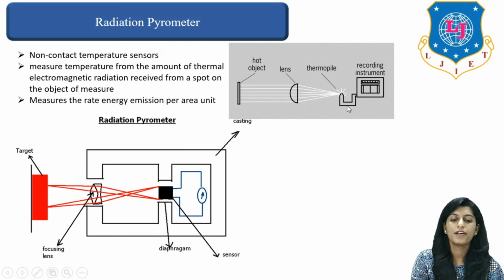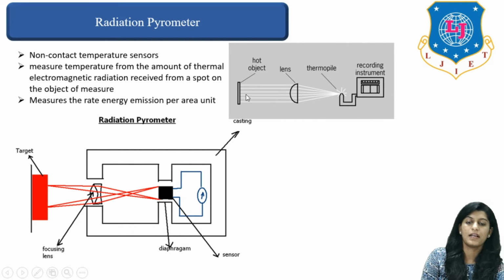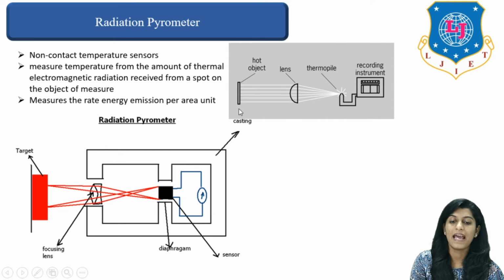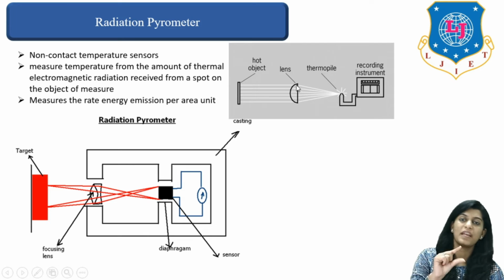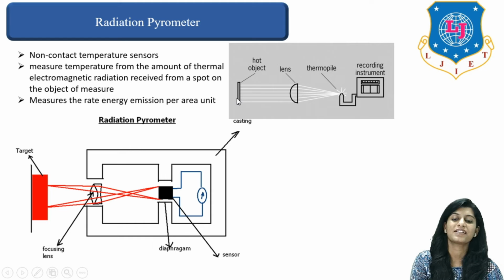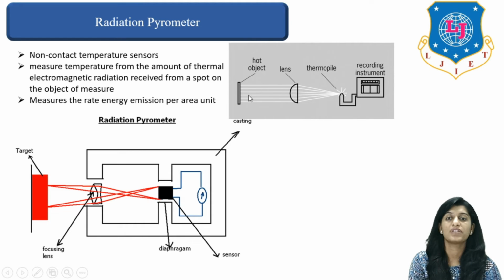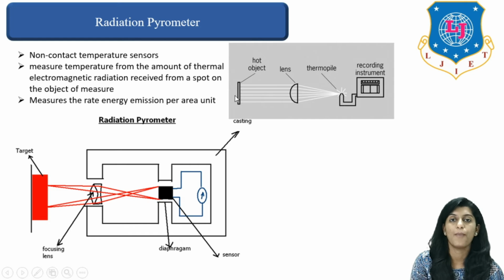Now here you can see a pictorial diagram of a radiation pyrometer. There is a hot body, as you can see. This will emit the radiation, or this is the body whose temperature we need to detect. There is one lens which is placed on the radiation pyrometer. This lens is directed towards the body so that all the radiation coming out of that particular body will fall on this lens.